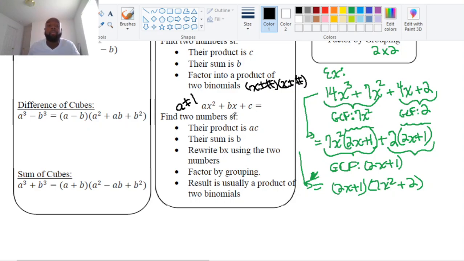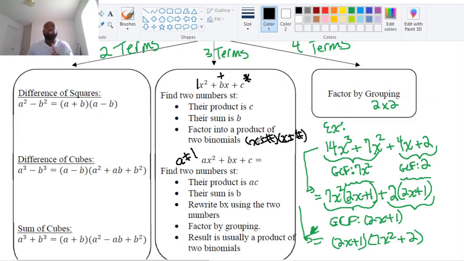We're going to find 2 numbers such that their product is a times c. Notice the difference here. The product here was c. The product here, the number that you're going to be looking for, has to be a times c. So you take that leading coefficient and multiply by that constant term. Whatever that number is, you find 2 numbers whose product is that number. And then their sum is the b value here.